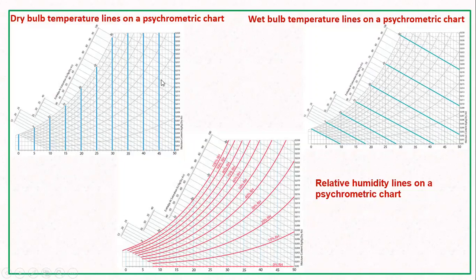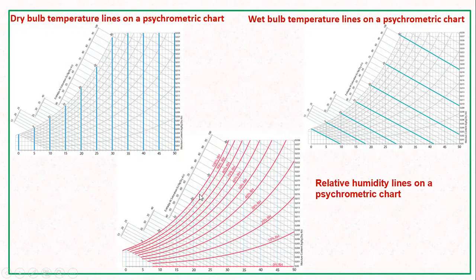Let us see the psychrometric chart individually. This horizontal x-axis is, as I said, the dry bulb temperature. These vertical lines show the dry bulb temperature lines. These horizontal lines are the specific humidity lines. The lines at an angle, which are highlighted, are the wet bulb temperature lines.